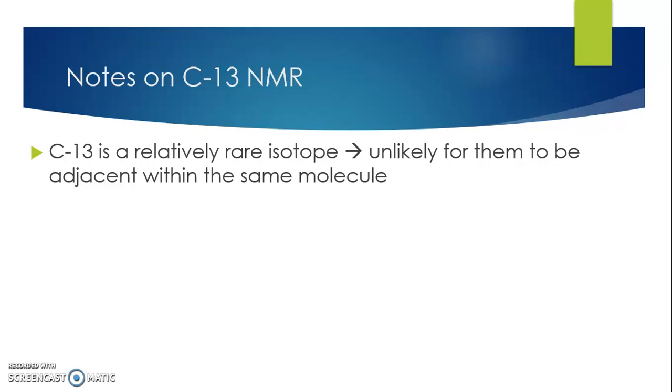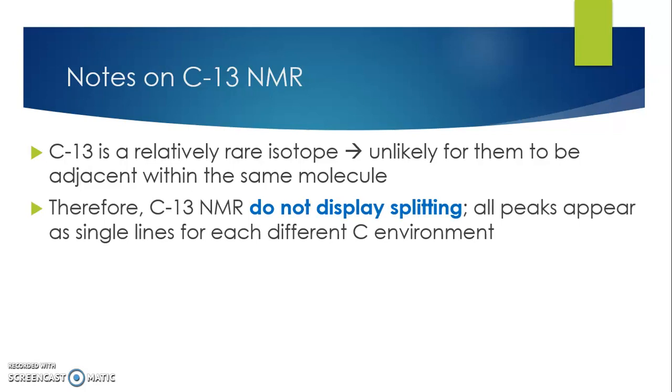So you might have a C13 on one carbon, and then another C13 on a carbon on another molecule, right? So for that reason, it's unlikely for one molecule to have 2 carbon-13. Therefore, carbon-13 NMR does not have a splitting pattern.